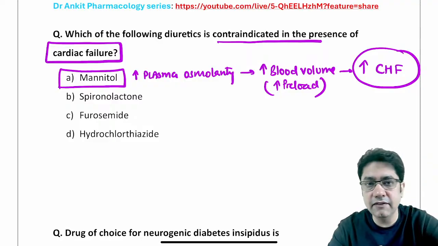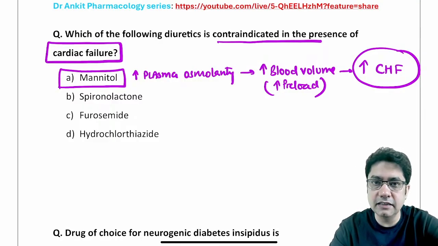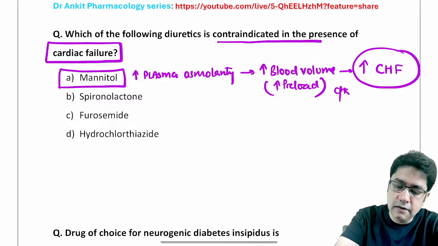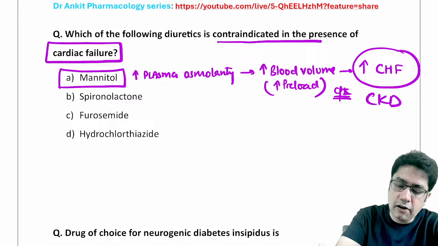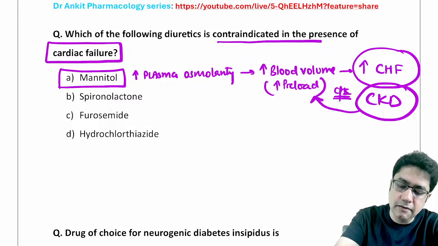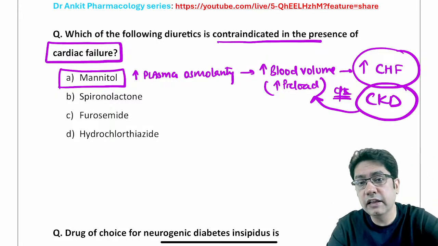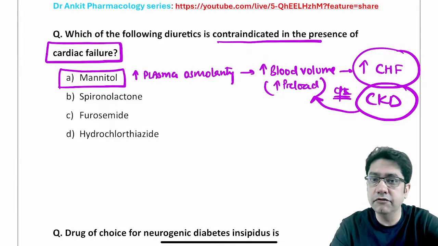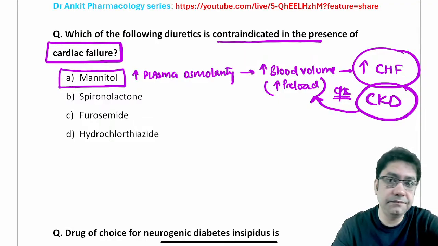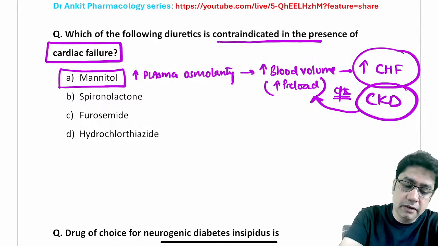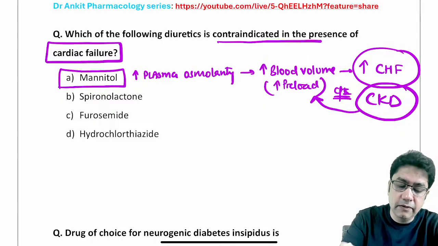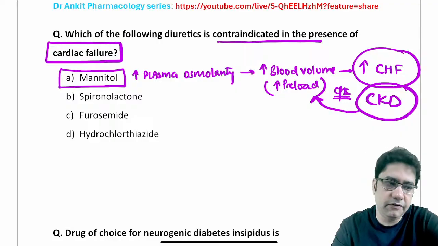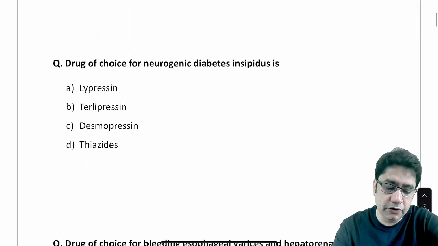So never give mannitol in cases of CHF. Mannitol is also contraindicated in CKD, for the same reason. Because in kidney failure, if you give mannitol, the plasma osmolarity will again increase drastically, which can precipitate heart failure. Now remember, furosemide, a loop diuretic, and thiazides, all other diuretics can be given in heart failure, except mannitol.